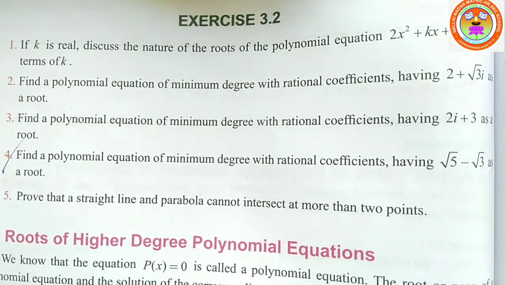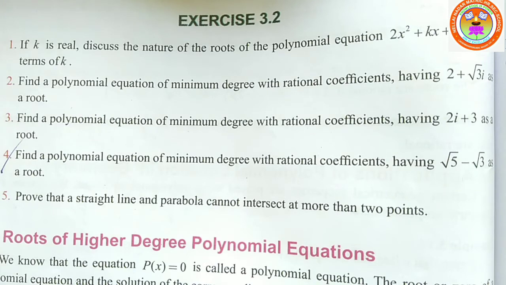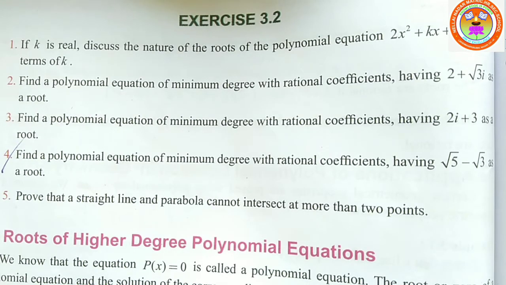We know very well the nature of roots of a quadratic equation, right? That is b square minus 4ac. If b square minus 4ac is equal to 0, then the roots are real and equal. If b square minus 4ac is positive, that is greater than 0, then the roots are real and unequal.